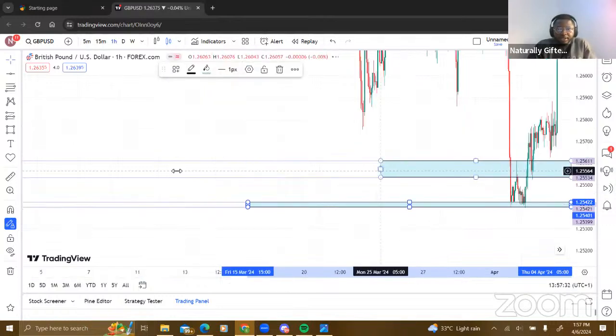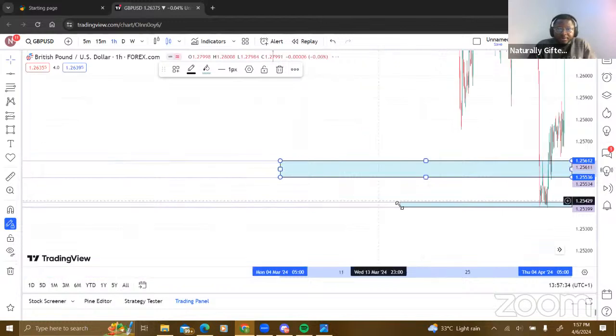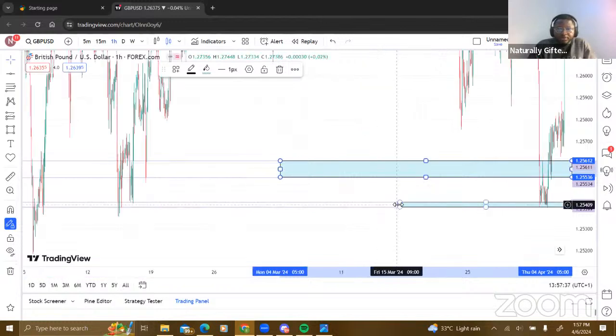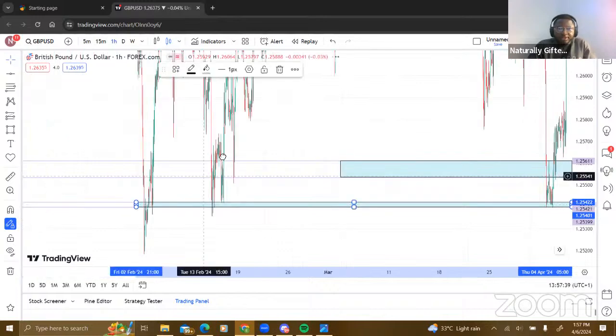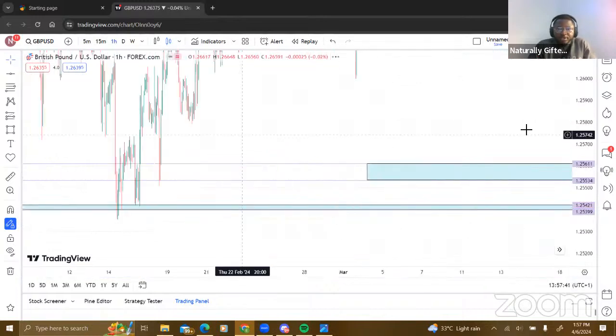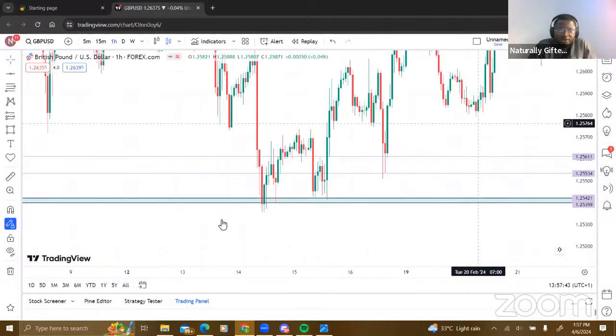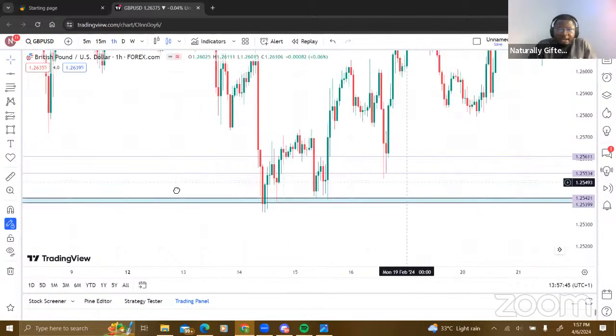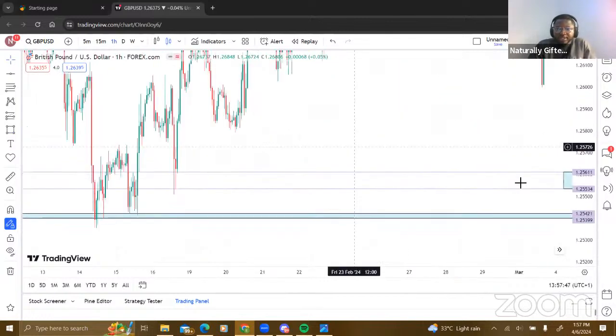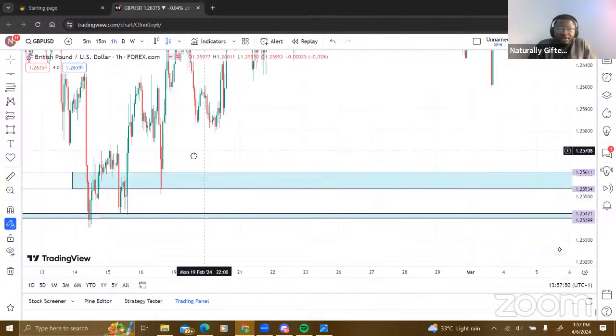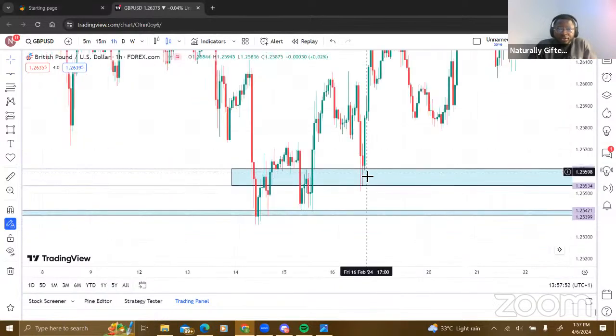So let's do that. Go back in time. Do you see that? Do you see how the support zone I drew presently, do you see how it was a support zone here? And do you also see how the resistance zone I drew here was a support zone in the past?